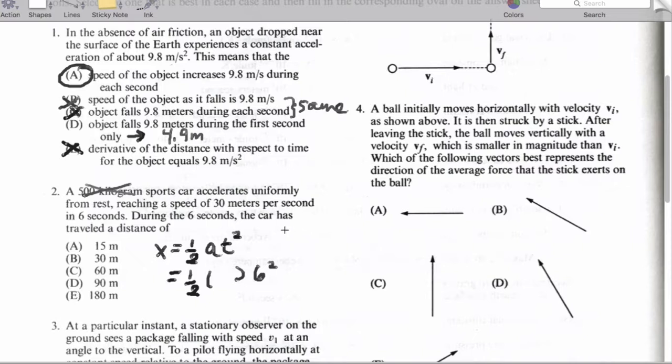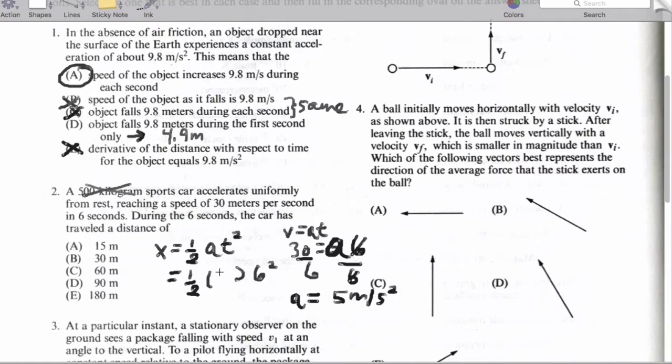Let's get the acceleration really quickly. We'll use v equals at plus v naught, but v naught is 0, so 30 equals a times 6. Got a little ahead of myself there, didn't I? And so that's going to give us an acceleration of 5 meters per second squared.